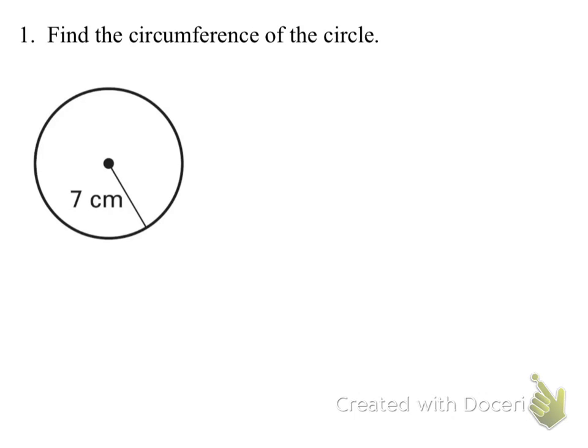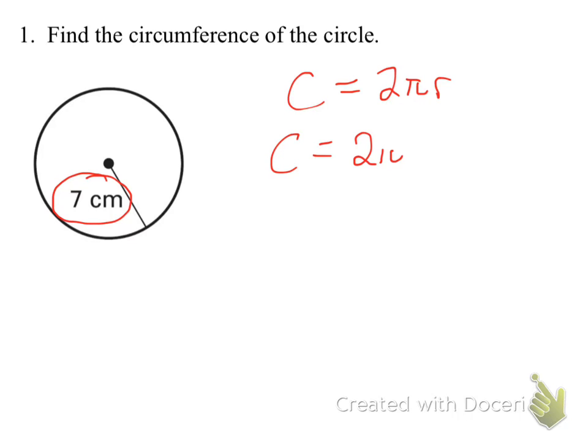If we're going to find the circumference of the circle, we should use the formula, circumference equals 2 pi r, R standing for radius, which is exactly what they give us at 7 centimeters. So circumference equals 2 times pi times 7.